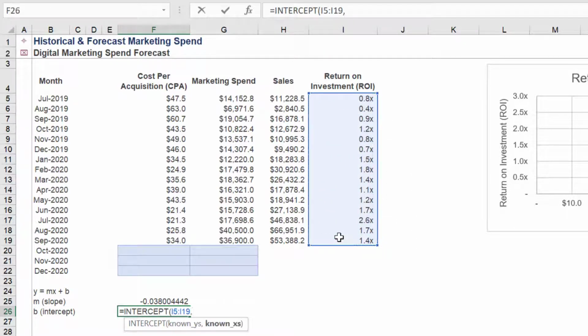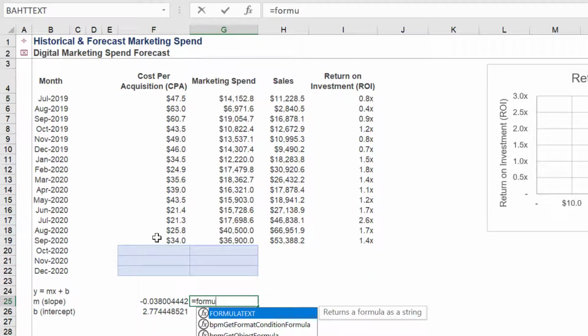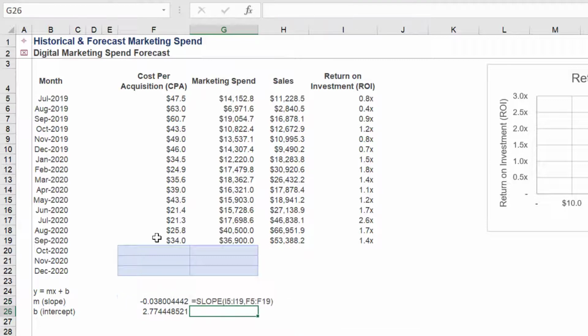Whilst the intercept function has the same syntax, where we need to reference the known Y and X data points. In summary, here is the formula for the slope function, thanks to the formula text function. And the corresponding formula text function for the intercept function.